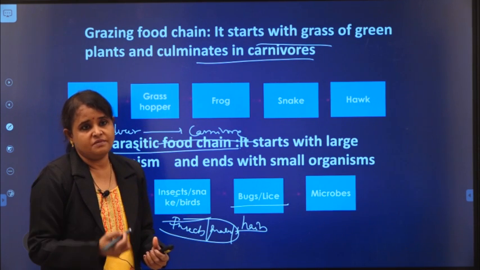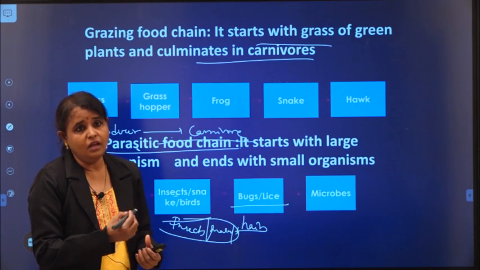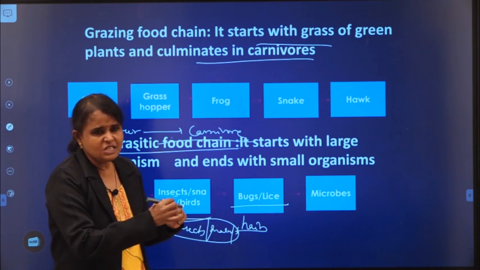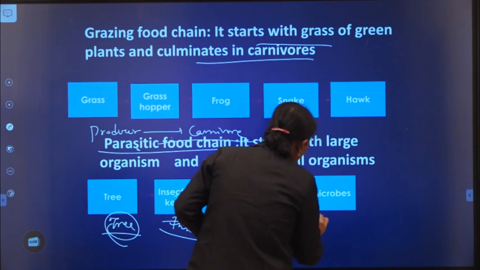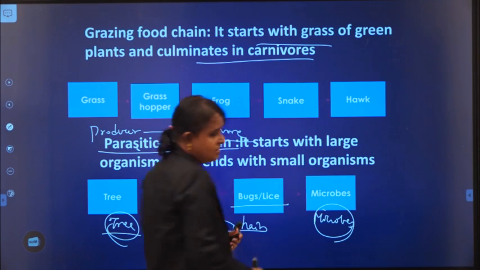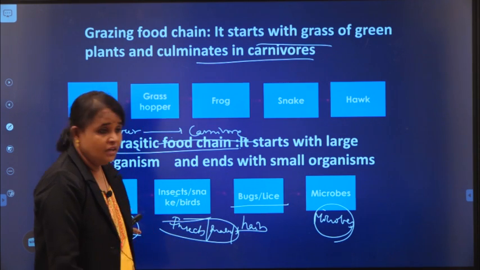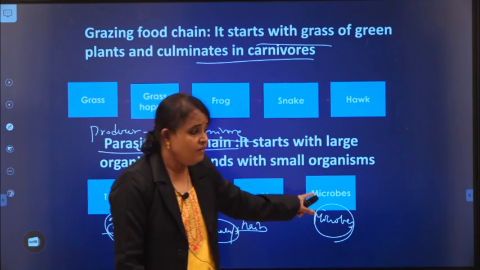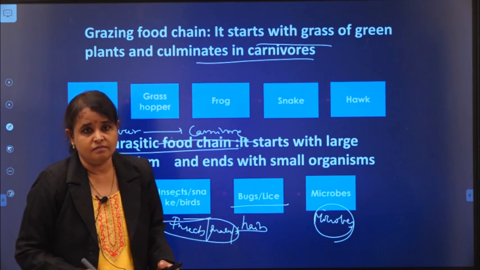These pests feed on it, inside or outside. Bugs and lice are very small. These are again eaten by microbes, which are invisible, which we cannot see. Here you can see clearly the food chain started with the large organism and ended with very small organisms. This is a parasitic food chain.